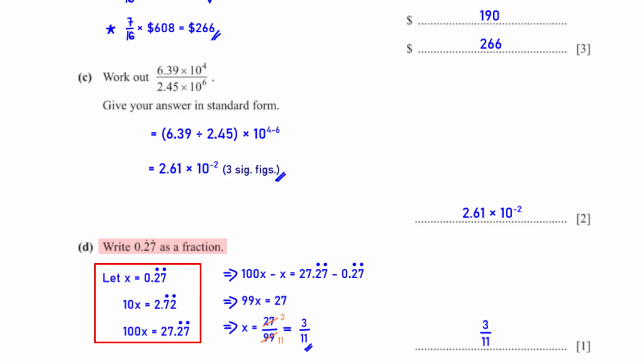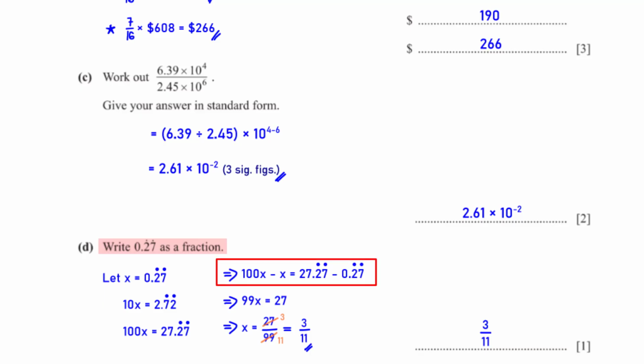So we carry them to the next step by subtracting x from 100x. This gives us 99x equals 27. When we divide both sides by 99, this is what we have. 9 goes into 27 3 times and goes into 99 11 times. So we have 3/11.